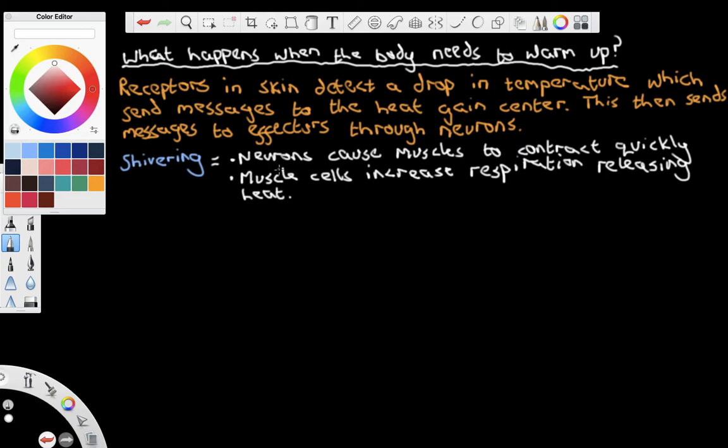Now, this heat is passed to the blood, which can then pass it to the rest of the body. So the heat is conducted to other organs. So your body releases the heat via respiration, causing the rest of your body to warm up.